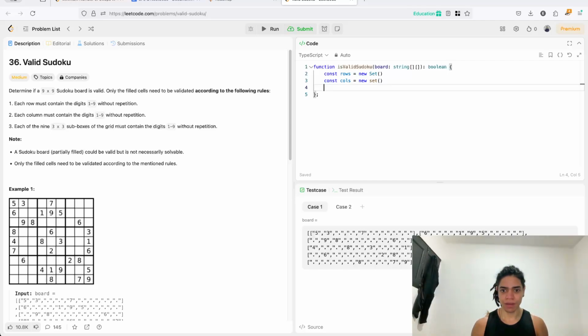That will hold the square, the 3 by 3, where this will be a new Map, where our key will be that representation.